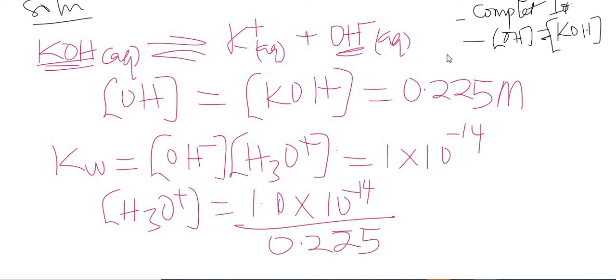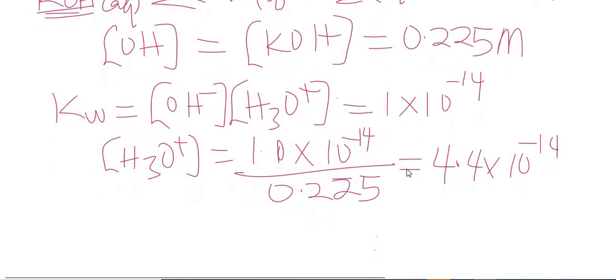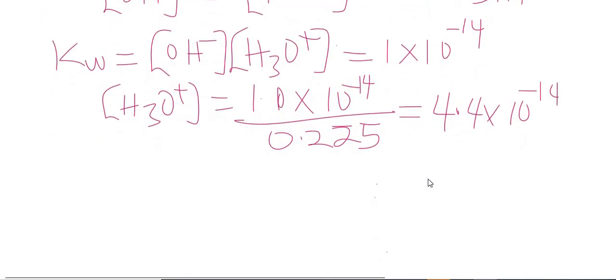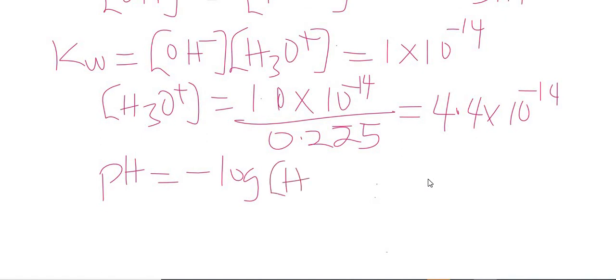Plugging this into our calculator gives 4.4 times 10 to the negative 14. That gives us the hydrogen ion concentration, and we know that pH is the negative log of the hydrogen ion concentration.